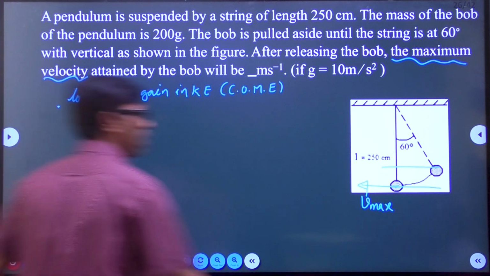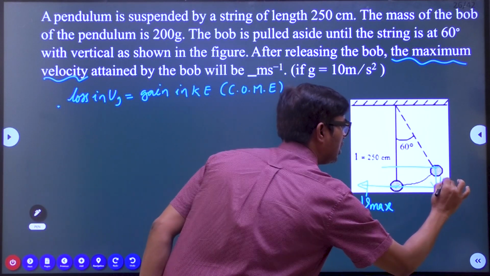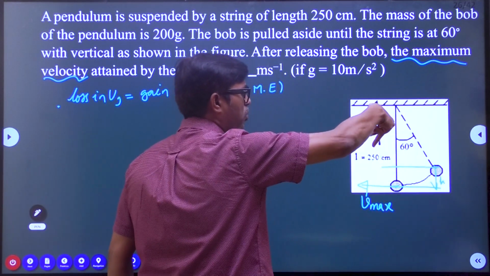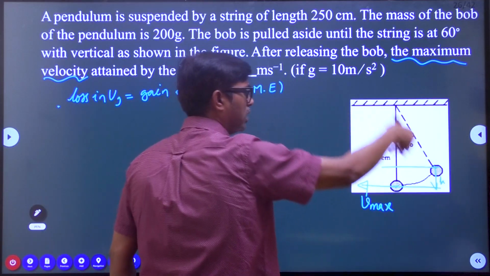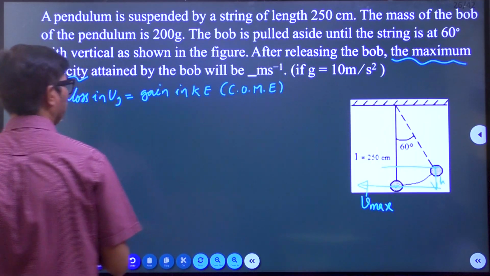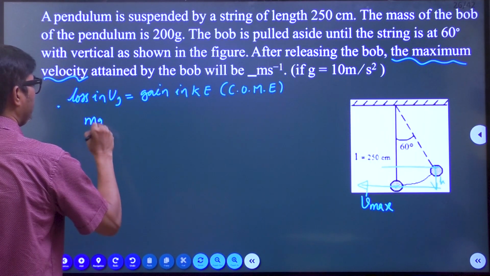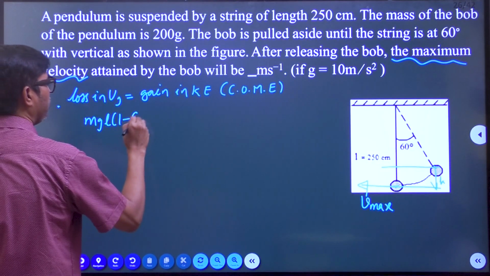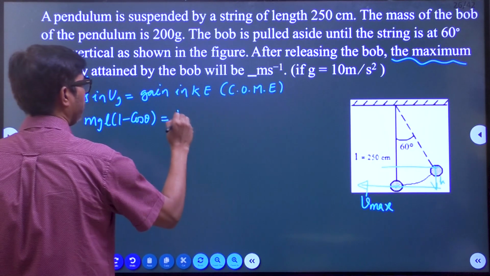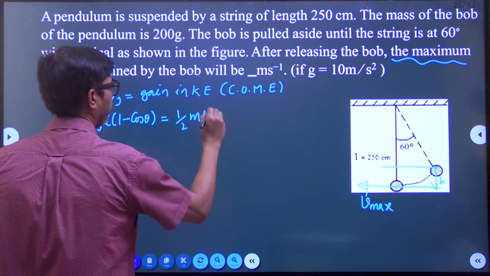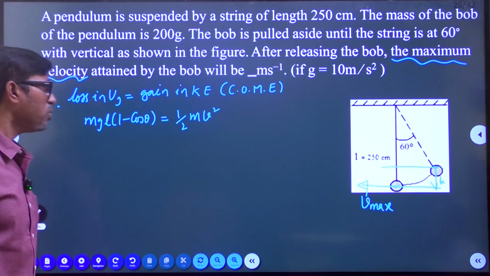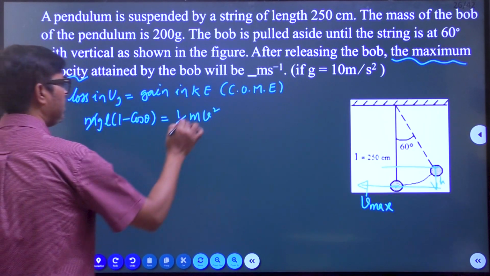So what is the loss in gravitational potential energy? This height I have to calculate. So this is L, right? This is L cos 60, which is L by 2. And then the leftover would be L by 2. So this is mgL into 1 minus cos theta, basically. That's a formula. I'm sure many times you would have used this formula. And that equals half m v square minus 0, initially 0. So mass gets cancelled.